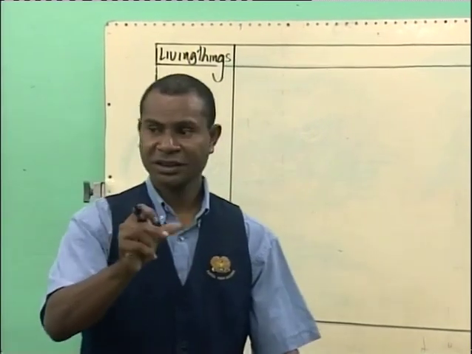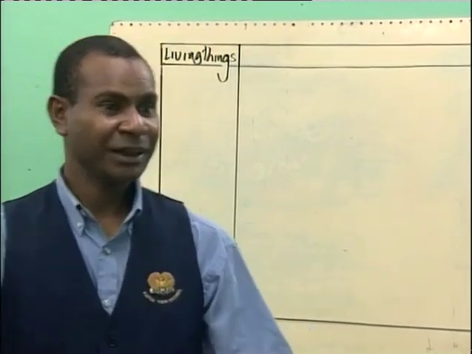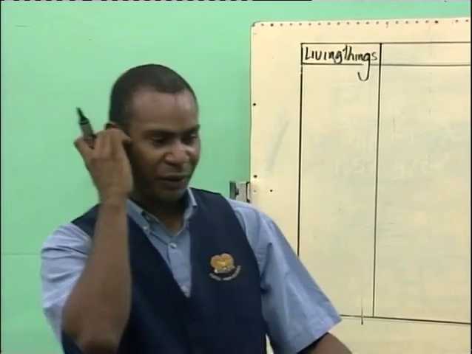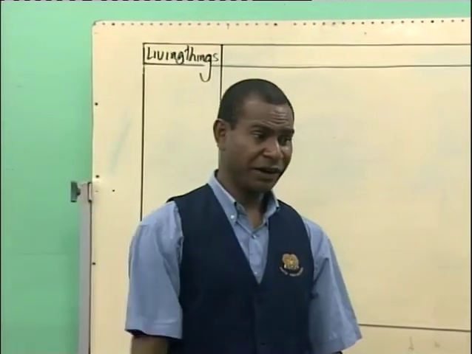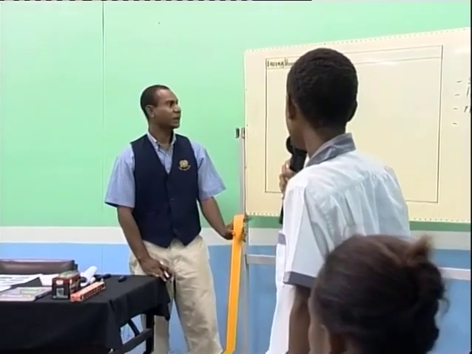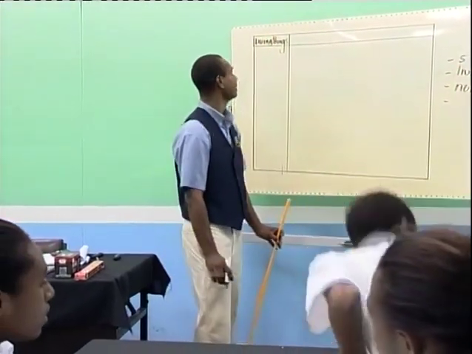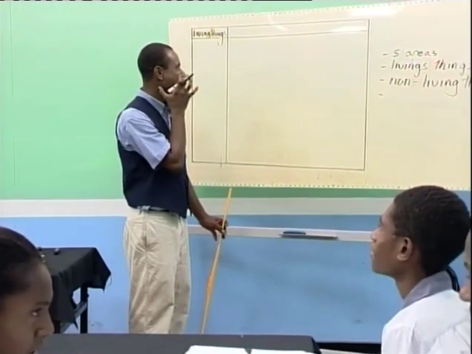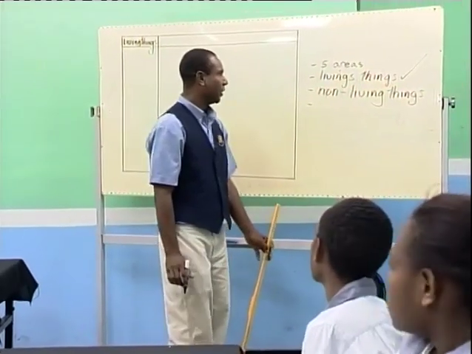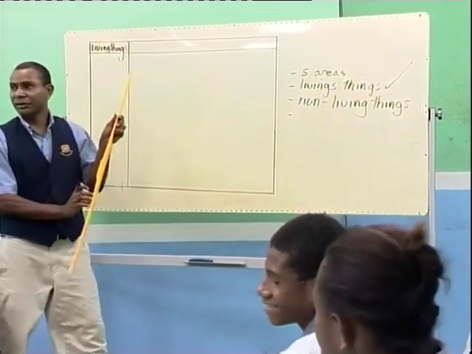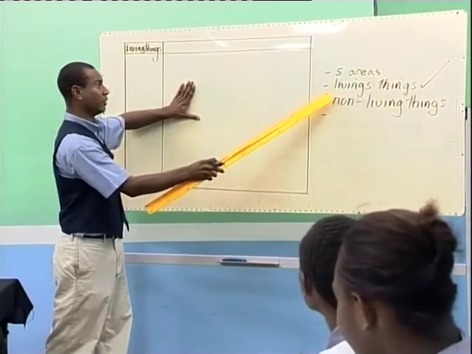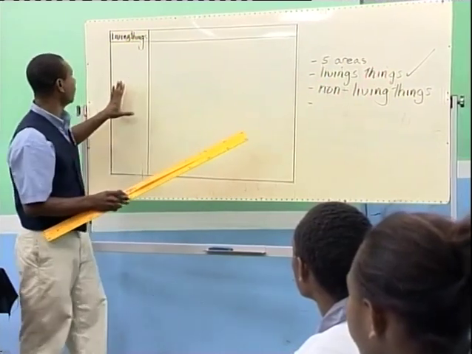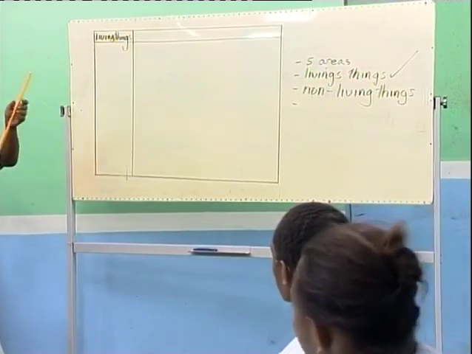I see only boys. Boys are brighter today. Girls? No girls? Oh, we have the first hand, boys. Darren. Non-living things. Okay, non-living things. Let's have a look at this table only and we work on living things first, and then we'll look at non-living things later.